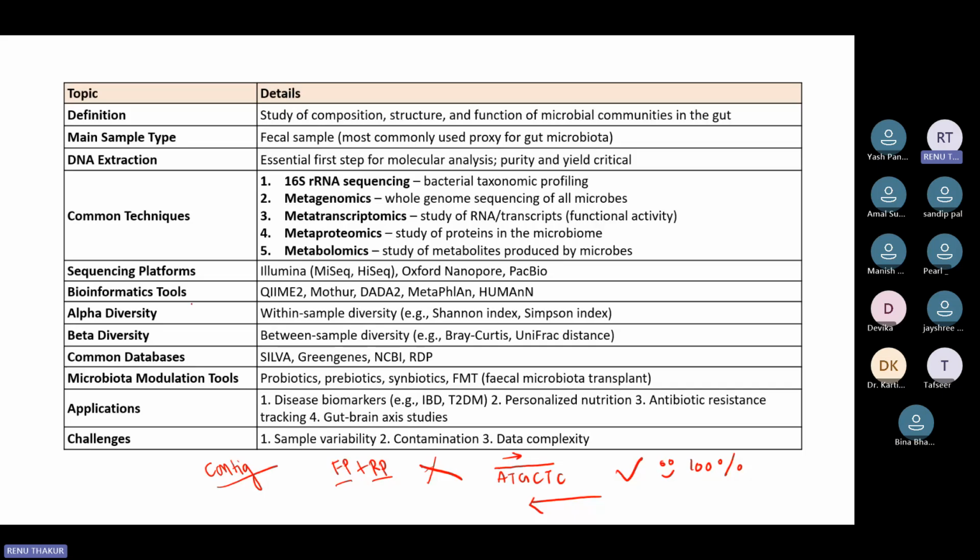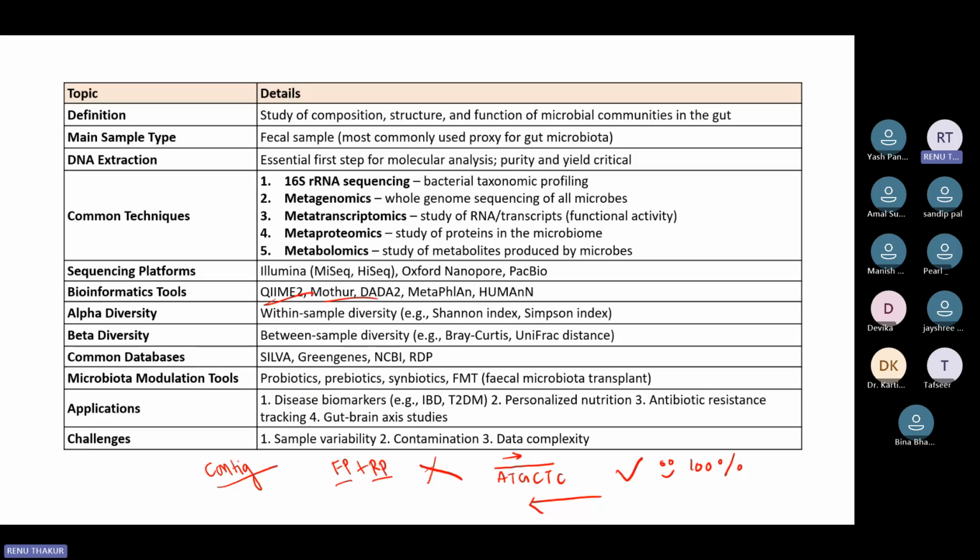Now there are different kinds of bioinformatics tools, and you can use these tools for the analysis of whatever sequencing data you have got. For the basic thing, you can refer to NCBI. You can see the homology, whether this exists in the literature or not. And we have different kinds of databases also.